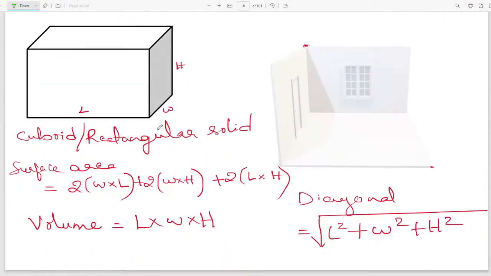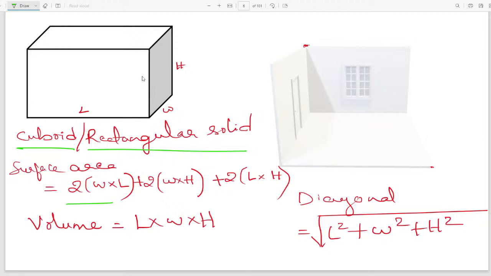Then there is cuboid. Cuboid is a rectangular solid, but the length, width and the height are different. So the surface area of this cuboid or the rectangular solid is given by 2 into W into L. That is the area of W into L, the bottom one, plus W into H, this face, plus 2 into L into H. L into H, the length one.